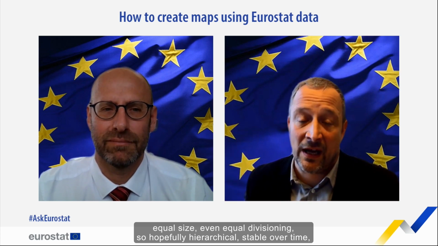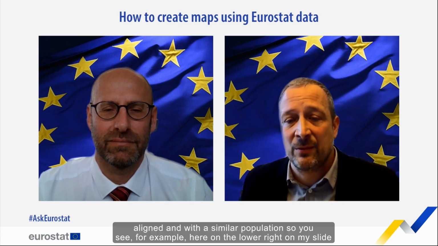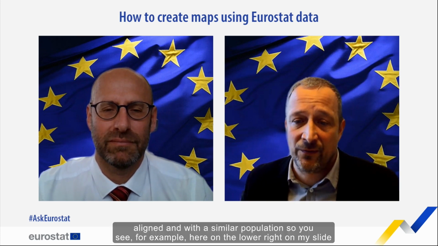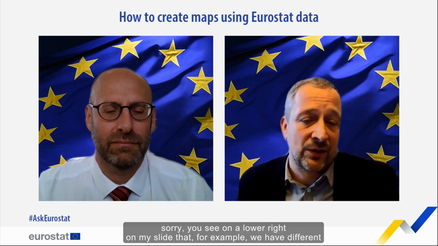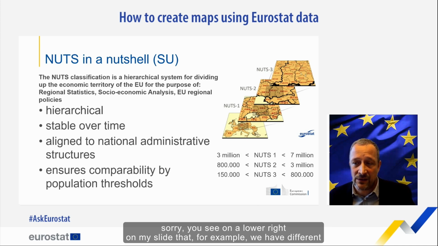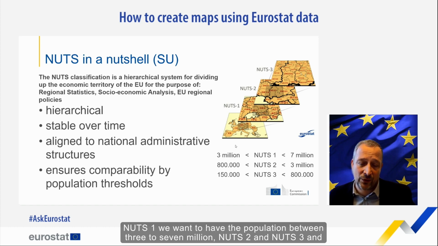So hopefully hierarchical, stable over time, aligned, and with a similar population. You see on the lower right on my slide that we have different population thresholds for the different NUTS levels, where for NUTS 1, we want to have the population between 3 to 7 million, then NUTS 2 and NUTS 3.